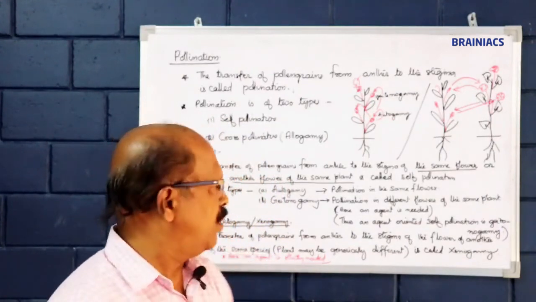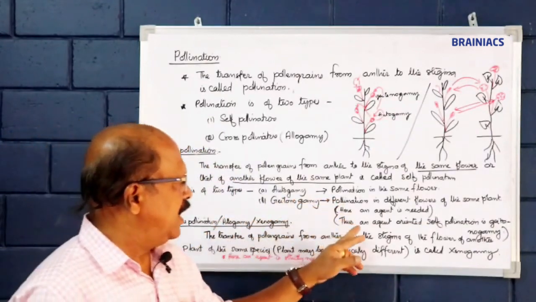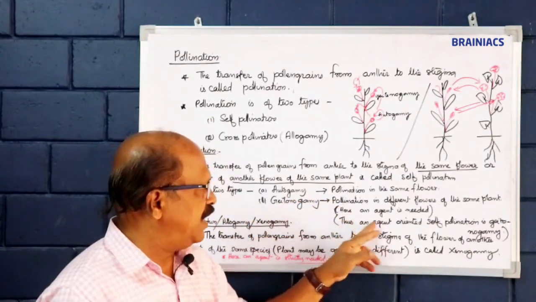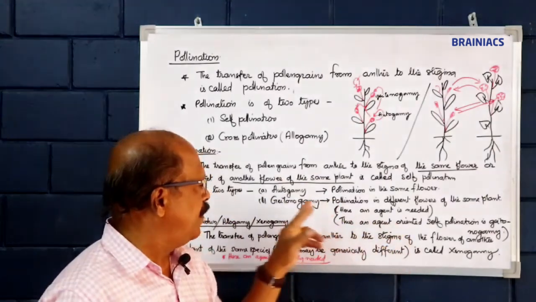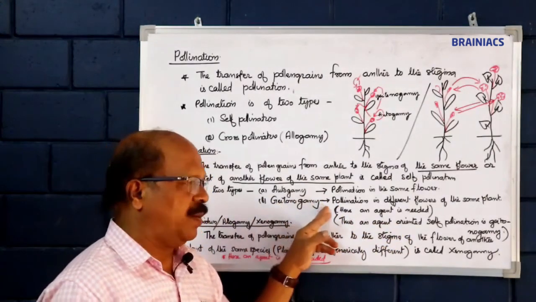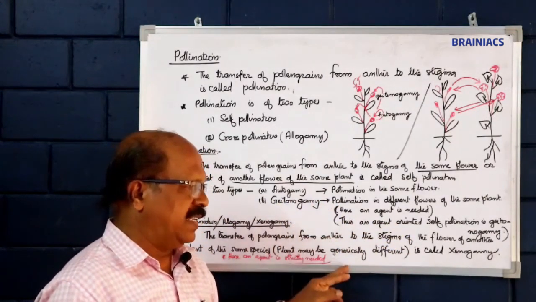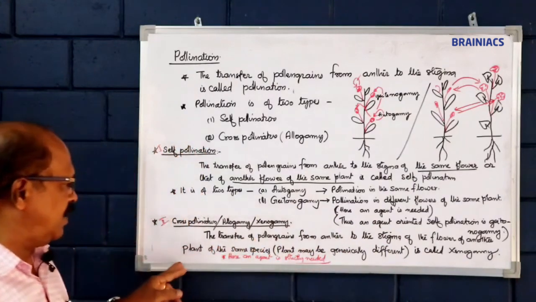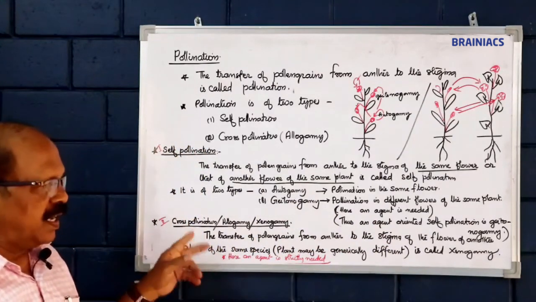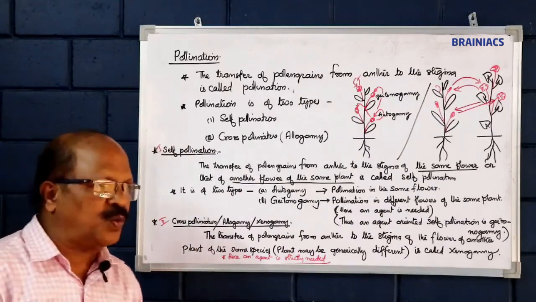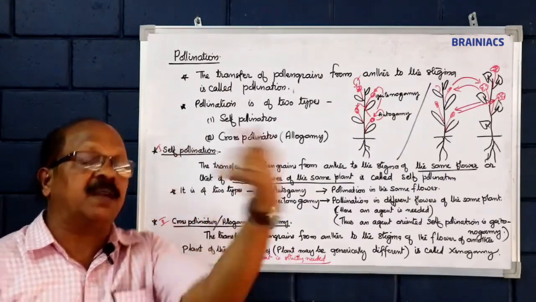Remember please, the agent-oriented self-pollination is geitonogamy, but an agent is strictly needed in cross-pollination because the pollen grains are transferred from one flower to another flower of another plant.